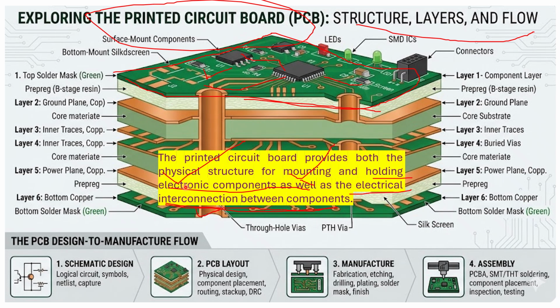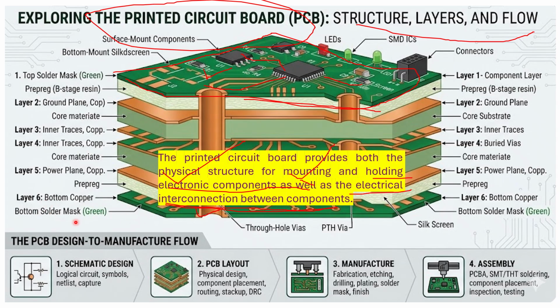Here you can check the different layers. The top layer is the top solder mask, which is green in color. Then you can see the ground plane, then the inner traces, and the inner layers which are placed next to the top layer, and then the bottom layer, which is copper.